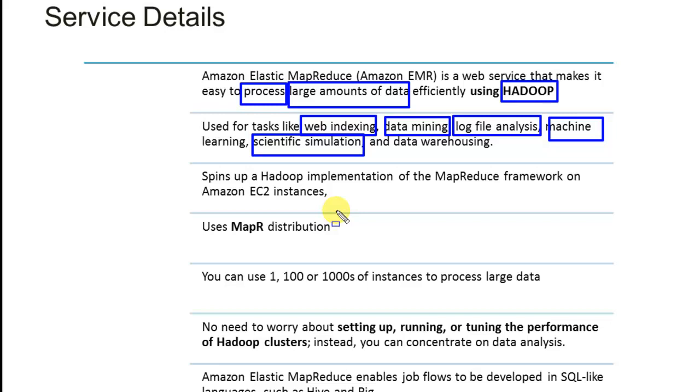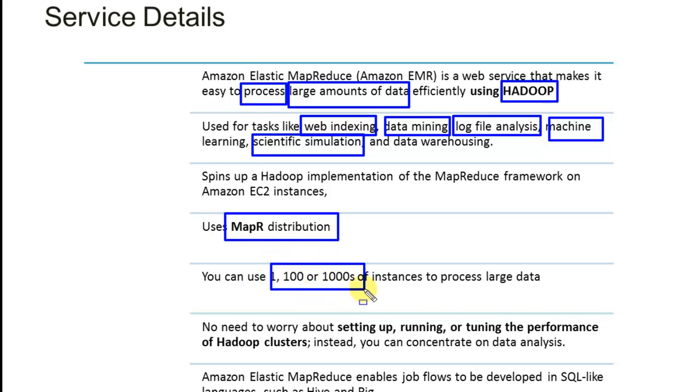It is very easy to spin up a Hadoop implementation of MapReduce using Amazon EC2 instances. Next important thing is that, like there are various flavors of Linux, there are various flavors of Hadoop. The one which is used by Amazon AWS EMR is called the MapR distribution. You can use just one server, you can use 100 servers, you can use 1000 servers for this MapR distribution.